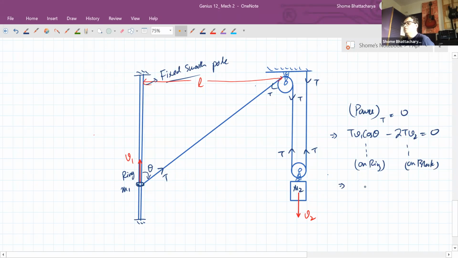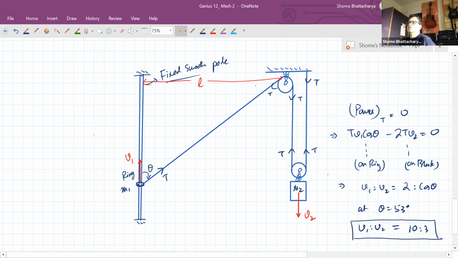So we get this relation that v1 is to v2 is 2 is to cos theta, or 2 sec theta. So at theta equal to 53 degrees, this v1 is to v2 will become 10 is to 3. Correct. So this should be the answer to the first part.